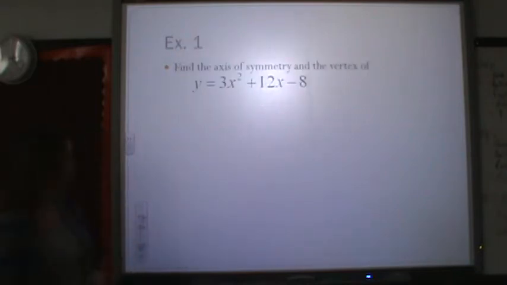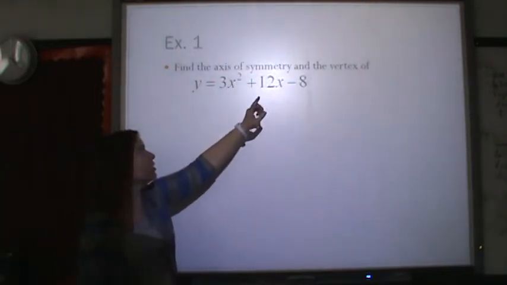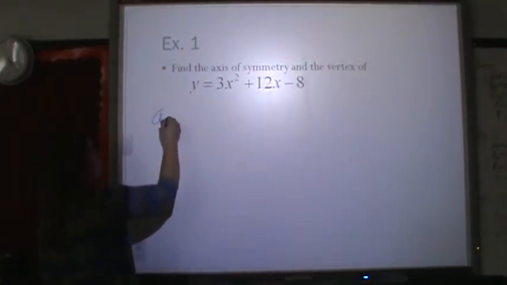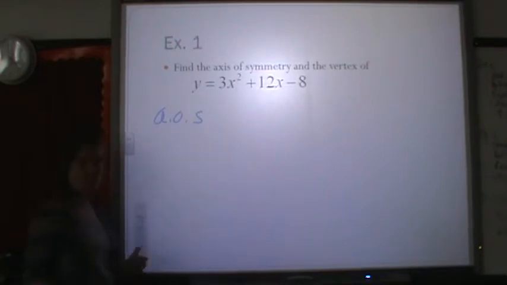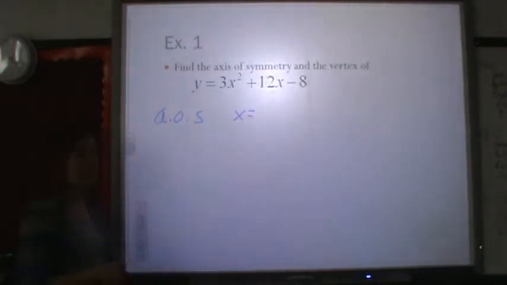So let's go ahead and start with our first problem here. We want to find the axis of symmetry and the vertex of the equation y equals 3x squared plus 12x minus 8. So first thing we're going to do is our AOS, which is our axis of symmetry. We are always going to do your negative b over 2a.